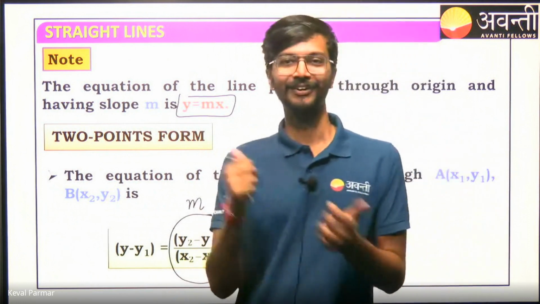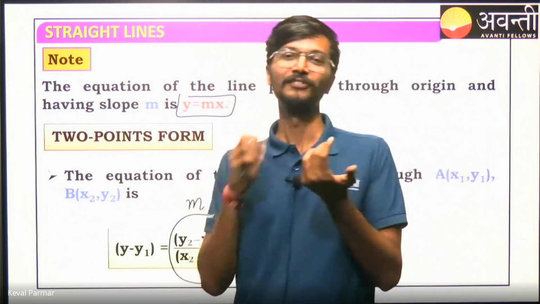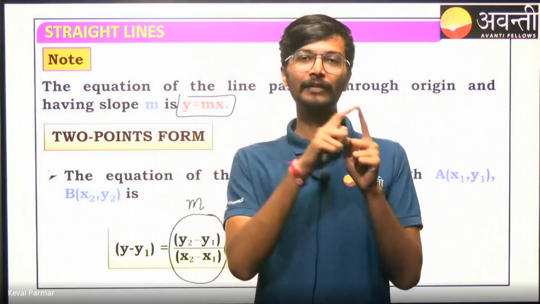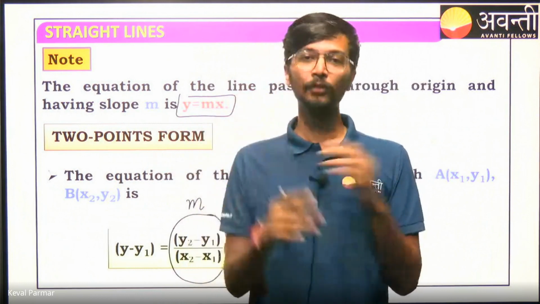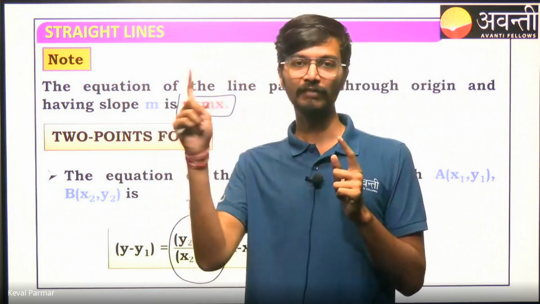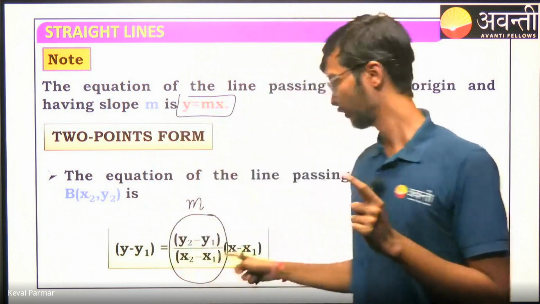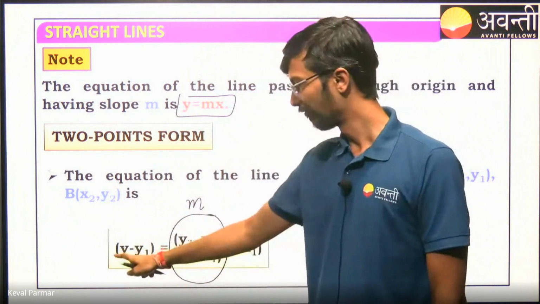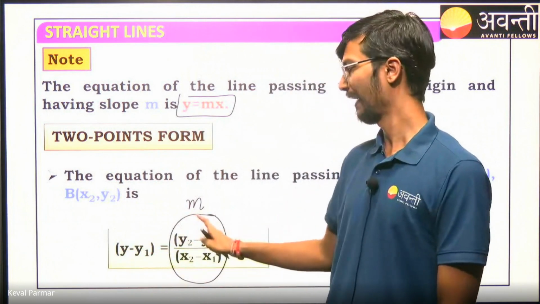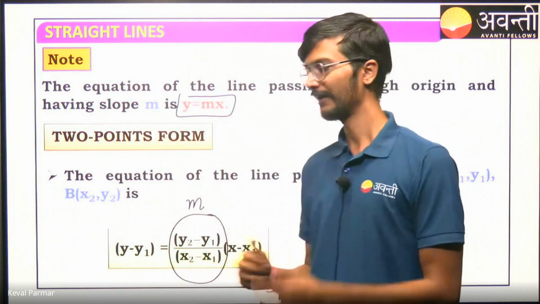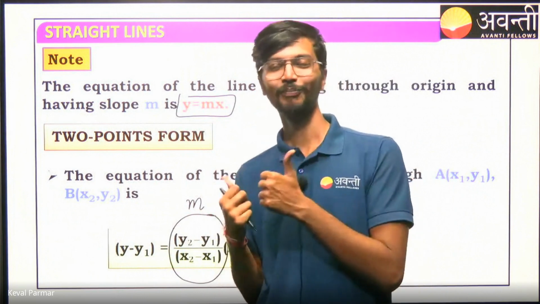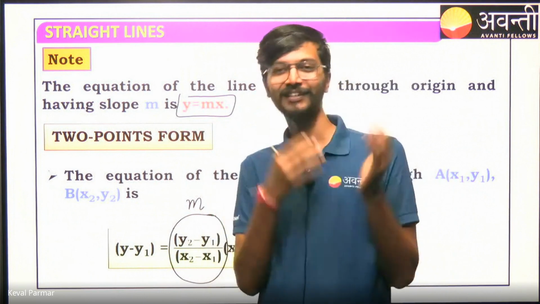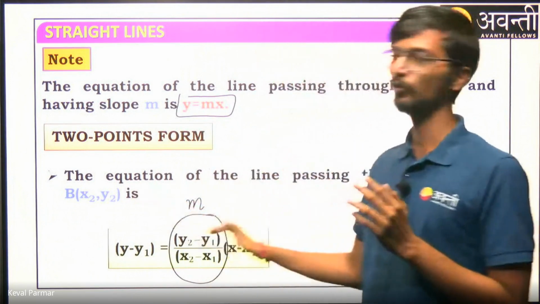We have studied and derived it also. If a line passes through two points x1, y1 and x2, y2, then the slope is given by y2 minus y1 upon x2 minus x1. So as you can see, this equation reduces to slope point form, which is y minus y1 equals m times x minus x1. So yes, this is also the slope point form, but expressed in another way, which is in two points.